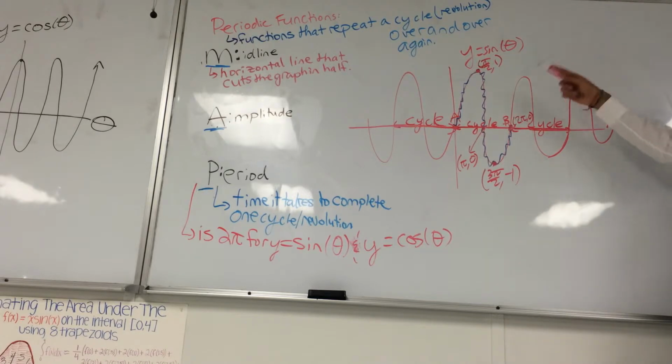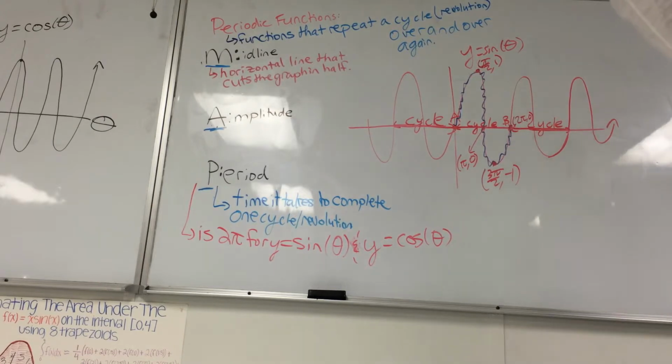So if you think about the sine graph, the biggest value is 1, the smallest value is -1, so the line that cuts that in half will be 0.